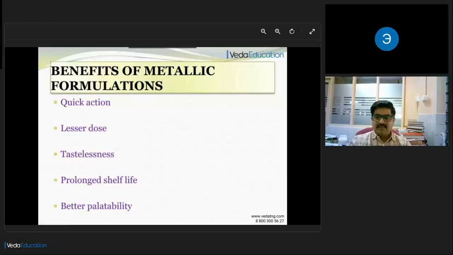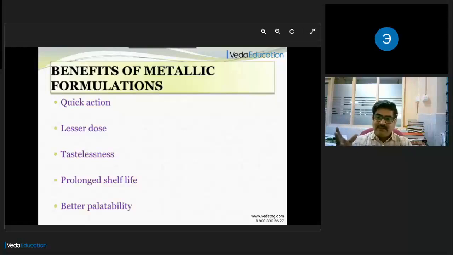Okay? The third one is tastelessness, that is, the absence of any bad taste. That means you all know the taste and the bitterness of decoctions, powders, etc. At the same time, if you start using these herbomineral preparations, it will be very easy to deliver, and very easy to consume also.